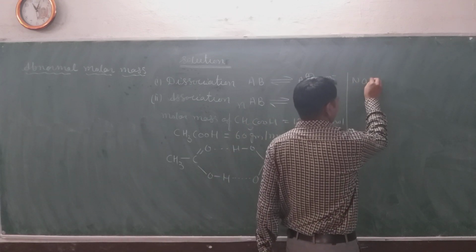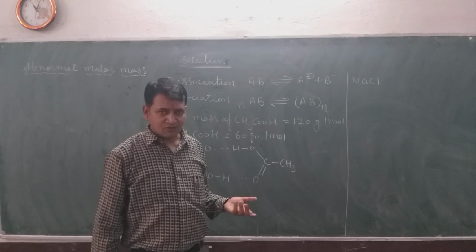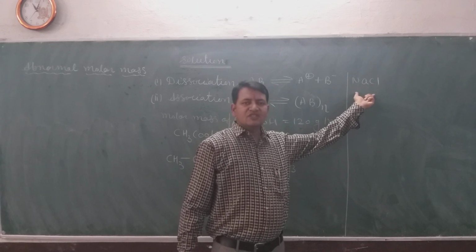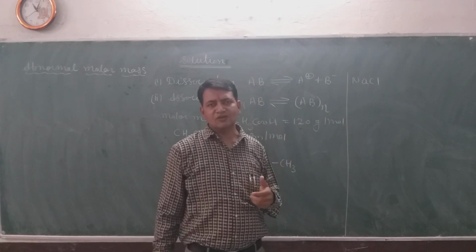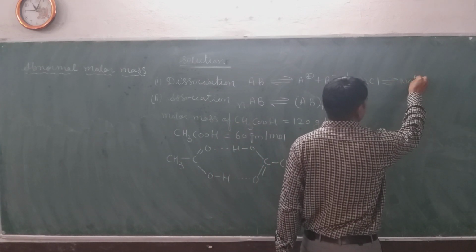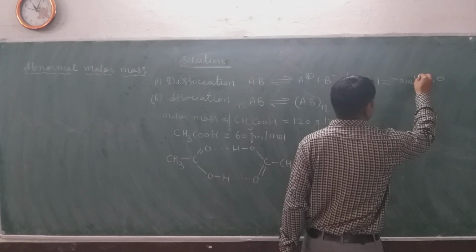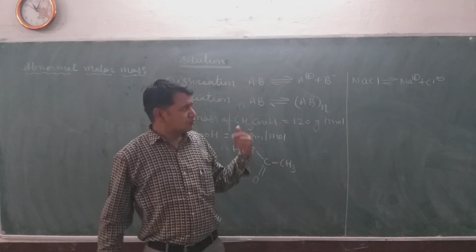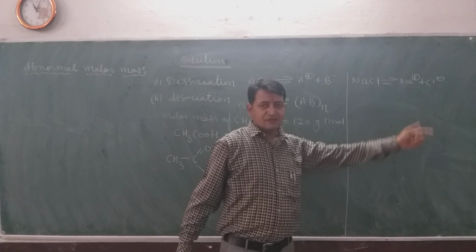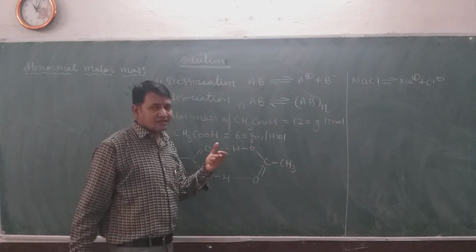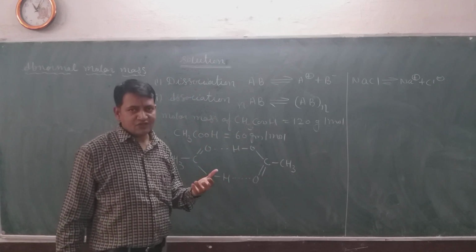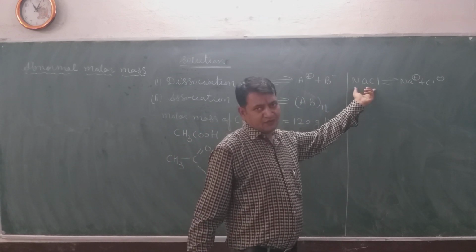He found the formula unit mass of sodium chloride. Why formula unit mass? Because for ionic compounds we generally use formula unit mass instead of molar mass. We know that NaCl breaks down into Na plus and Cl minus, forming more particles, and due to the dissociation of NaCl, the observed molar mass of NaCl is less than the original or normal molar mass, which is actually 58.5.